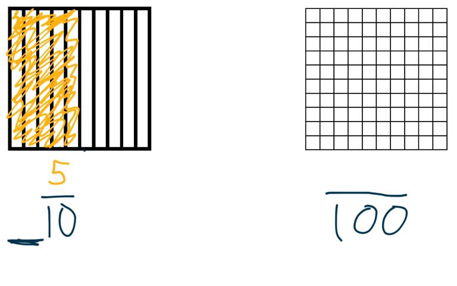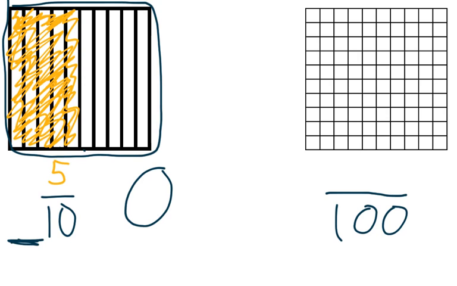So we write a 0, because there are 0 wholes. This is our whole, and it's not full. So we put the decimal to know that we're talking about something smaller than 1. And since we colored in 5/10, that's how you write it.